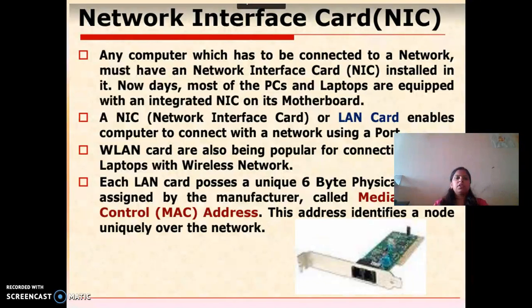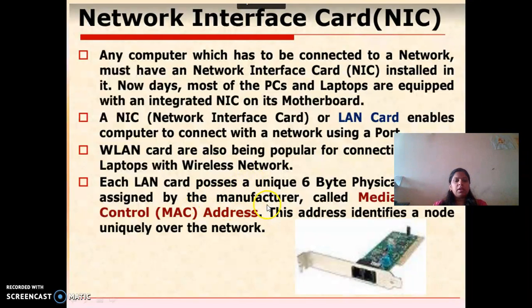So there is something called a network interface card, used whenever we want to connect to the network. This is the hardware device, where you can see the card here. This card is manufactured and given a MAC address, that is Media Access Control address. This will be a 6-byte physical address.